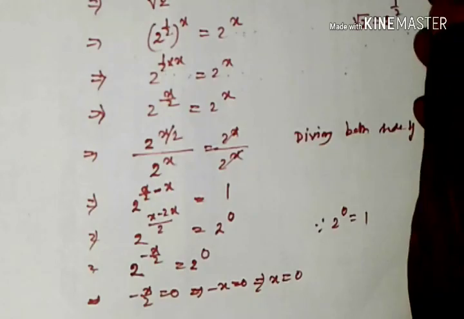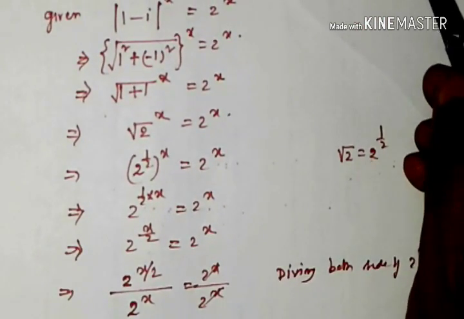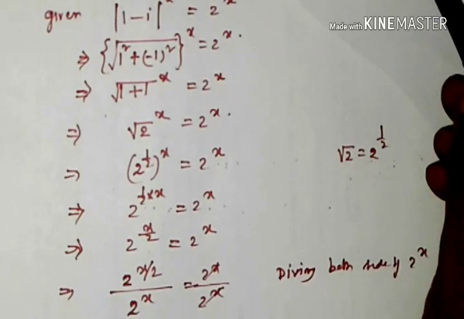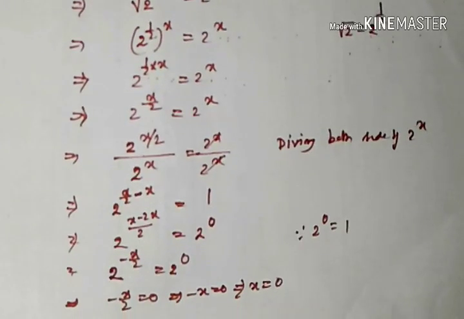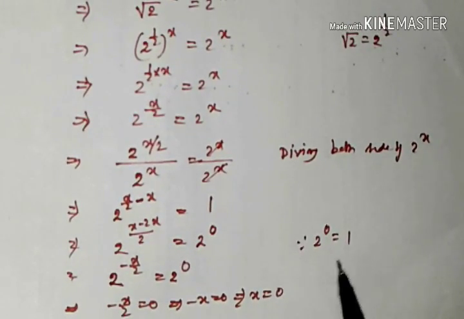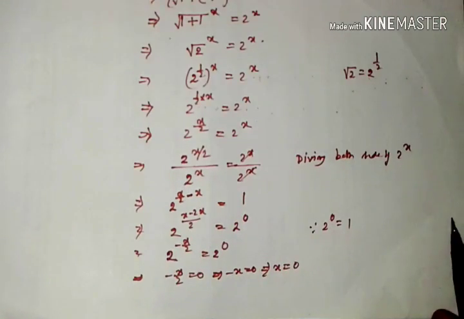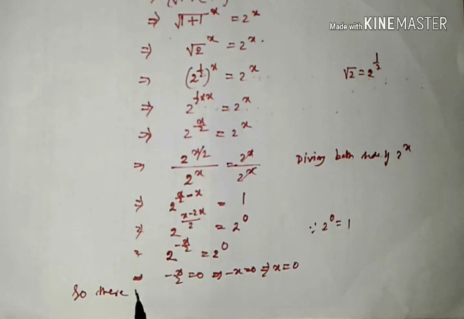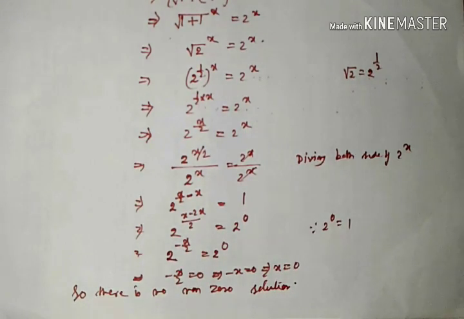We have got that the value of x in this equation is 0, but we have to find a non-zero solution, so there is no non-zero solution. That is the problem.